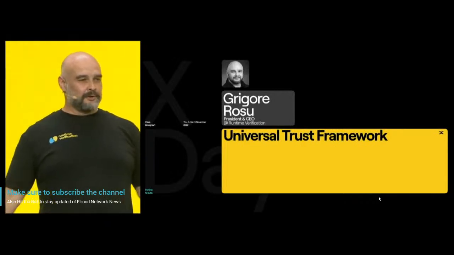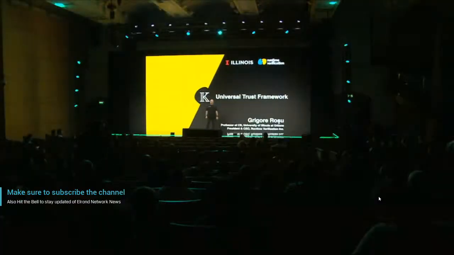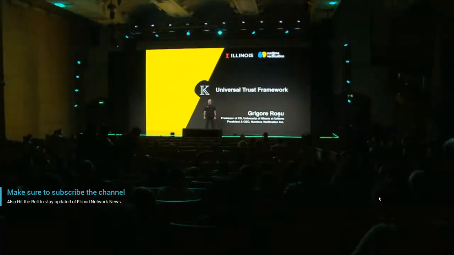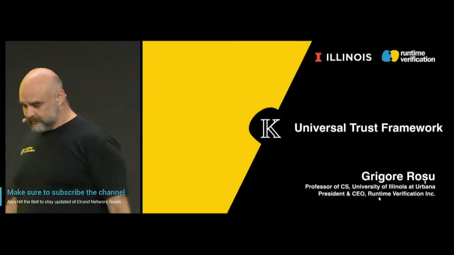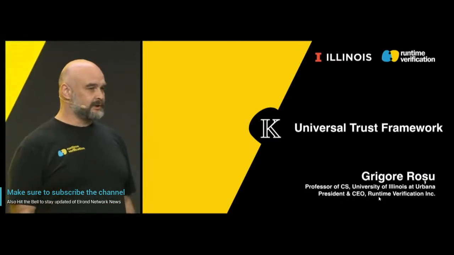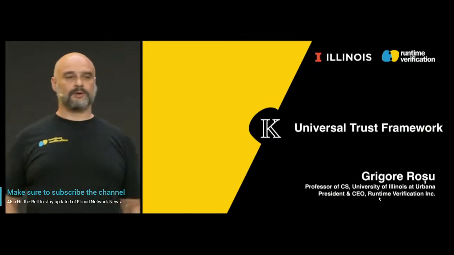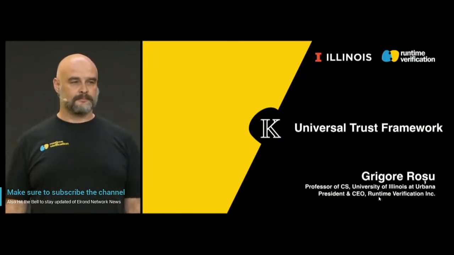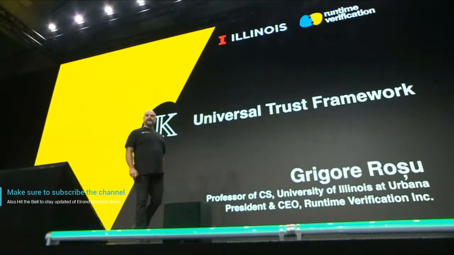Hi, I'm Grigore Roșu. I am an educator and an entrepreneur, so I wear two hats. This is my academic hat. And my company, Runtime Verification, is known for being a security auditor in the blockchain space. I hope the best, using formal methods and formal verification, for sure.